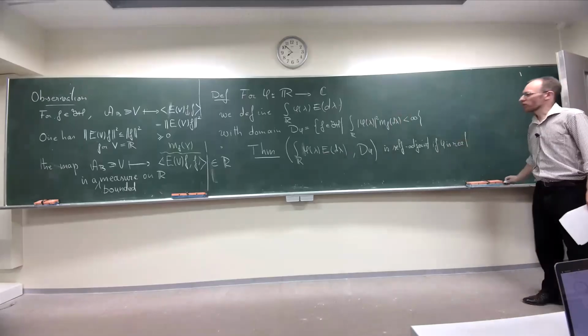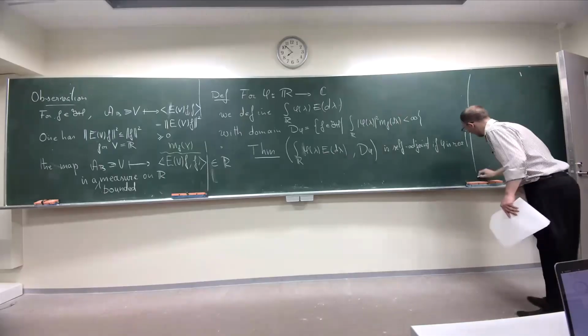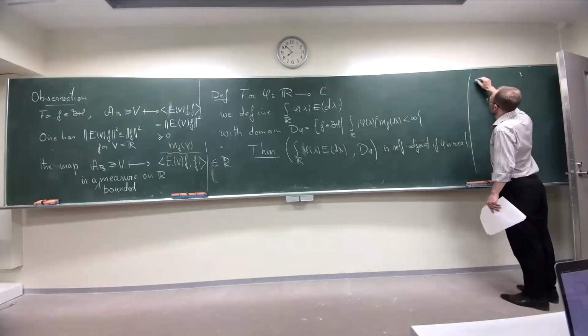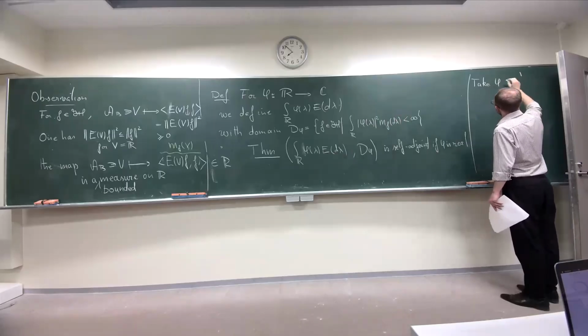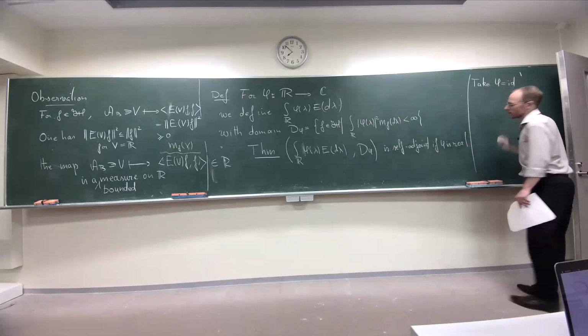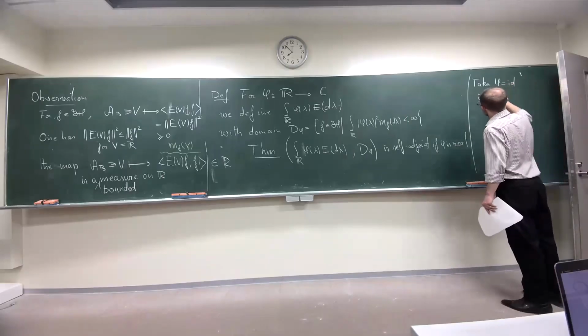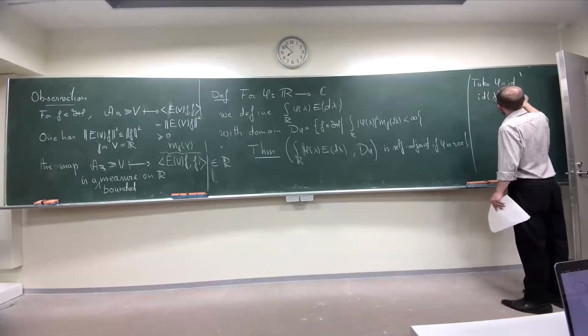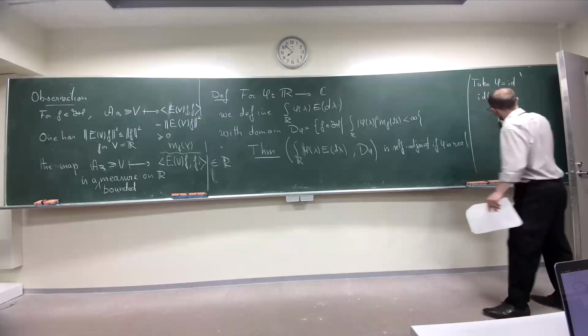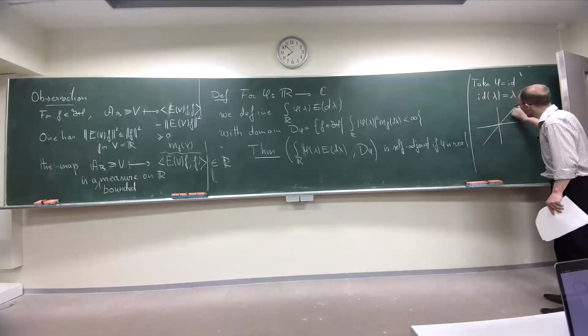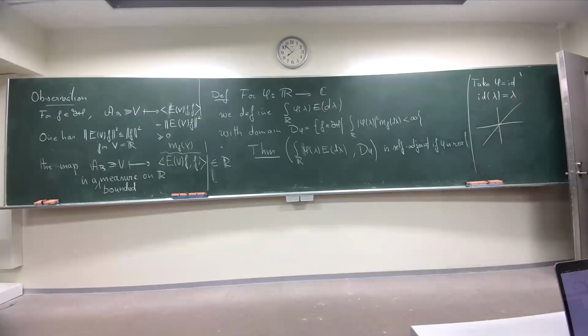But one special function which we like is the simplest one. Take phi equal to the identity function. What is the identity function? It's the identity function of lambda with lambda, the perfectly linear function.